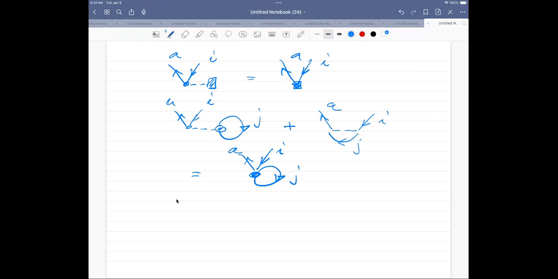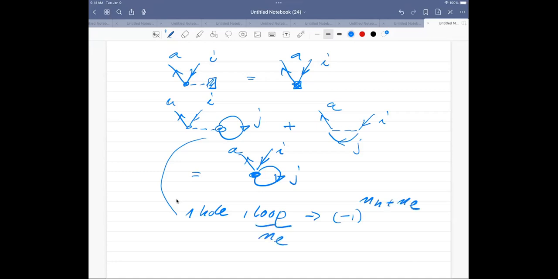And then when you look at the specific contributions, you know that in this diagram here, we have one hole and one loop. So that means that we have a factor which goes like the number of holes plus the number of loops. So we label that one with an N_L and this with an N_H.